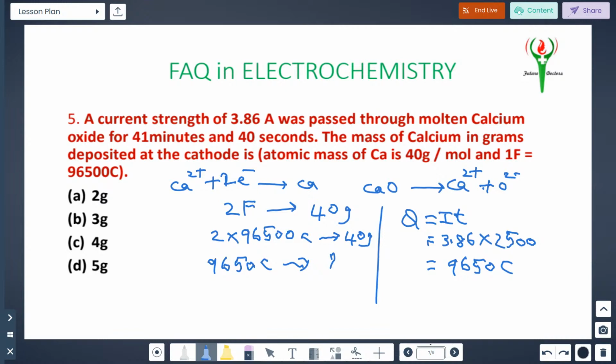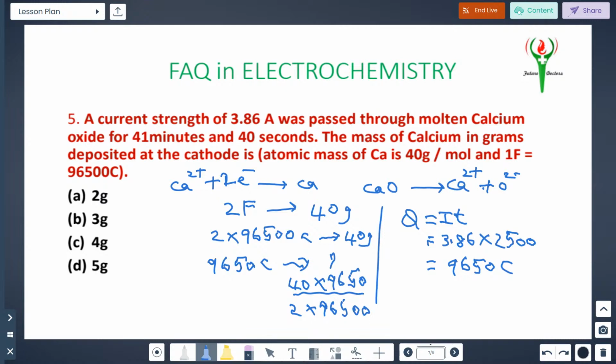To simplify, we cross multiply: 40 into 9650 by 2 into 96500.